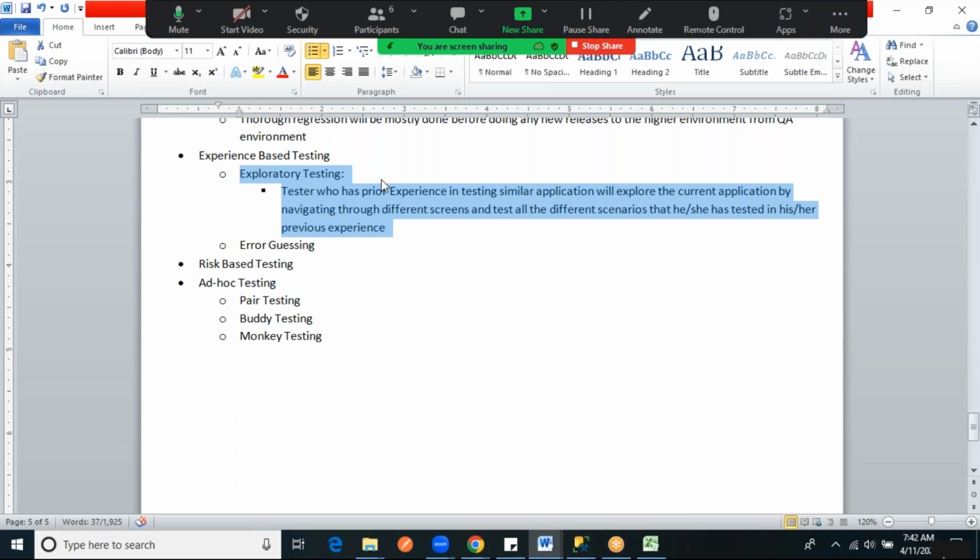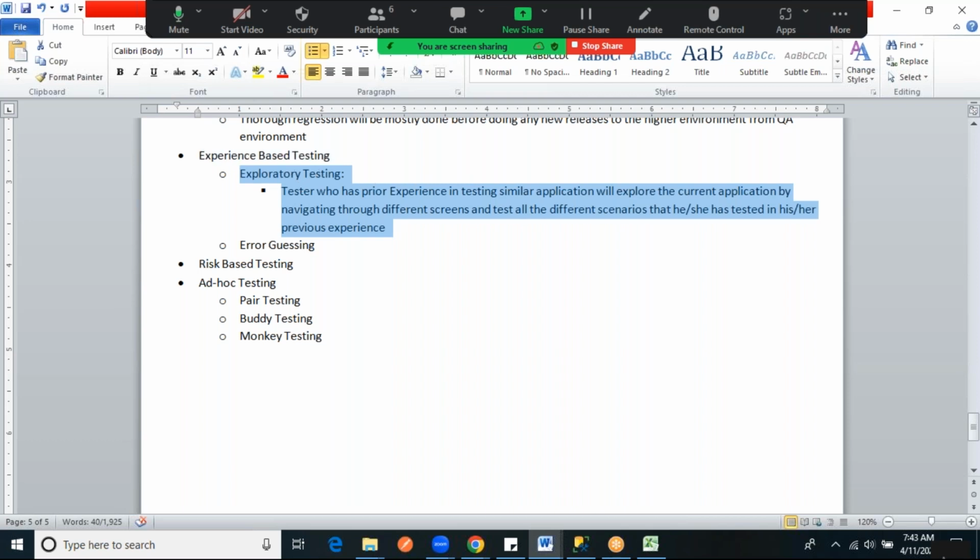Clear? So that's why you need to have relevant experience to get into this experience based testing. That is one reason why they go for experienced testers.